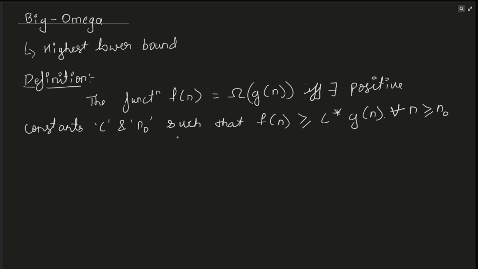Let us try to understand this definition with an example. We'll take the same example here. f of n equals 2n plus 3, and the definition says f of n should be greater than or equal to c into g of n.